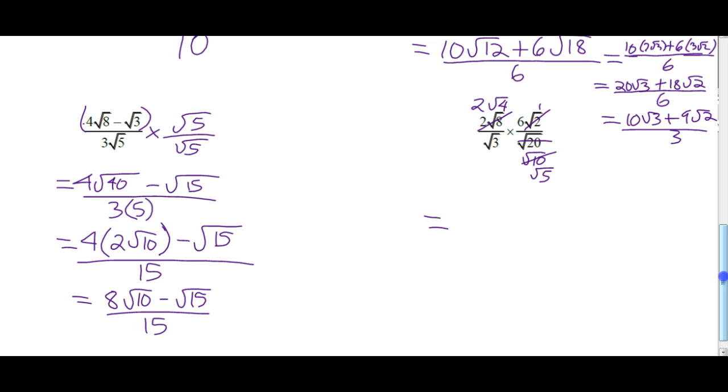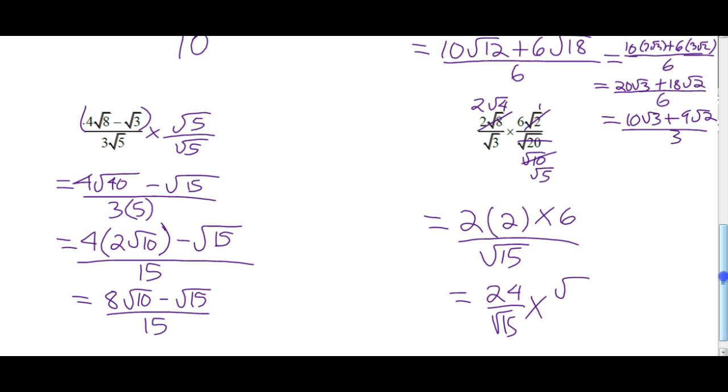Okay? 2 root 4, what's root 4? 2. Okay, so I've got 2 times 2 times 6, right? 6 hasn't canceled with anything. Over the square root of? So it's 24 over root 15, but I can't leave it like that, right?